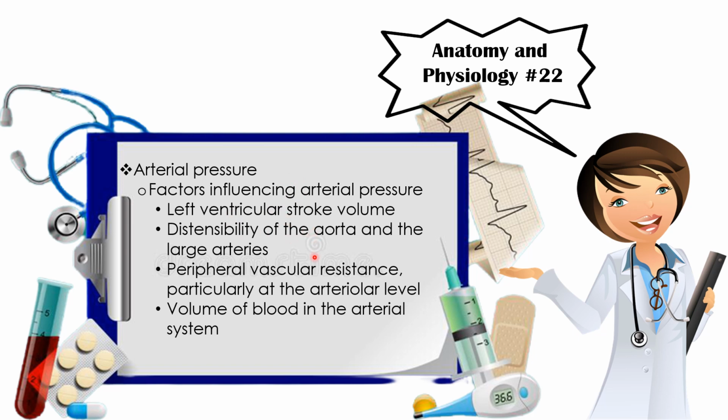So there are 4 factors influencing arterial pressure. Those are the left ventricular stroke volume, the extensibility of the aorta and the large arteries, the peripheral vascular resistance, particularly at the arteriolar level, and the volume of blood in the arterial system.